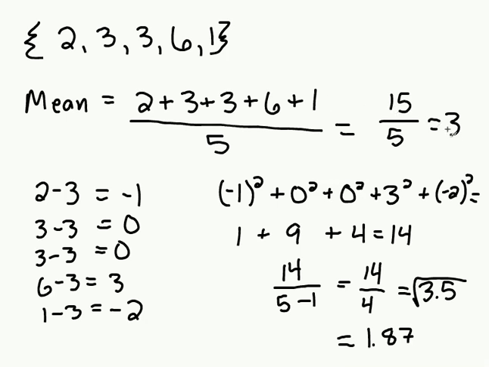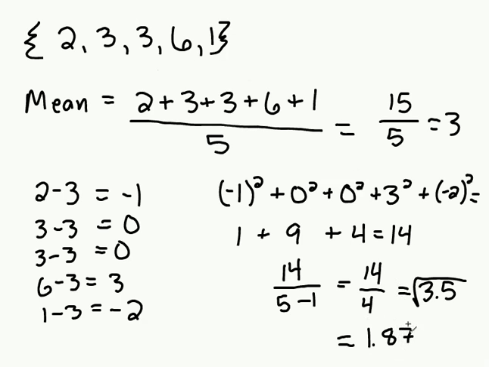And so on average, for this data set, the sample set that we have, our values are 1.87 from the mean of 3. Okay, and so either higher or lower, and so the bigger your standard deviation is, that means the bigger the spread is, the farther away from the mean on average your sample set is.